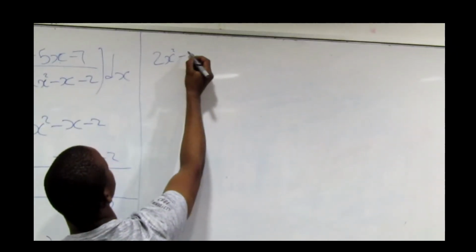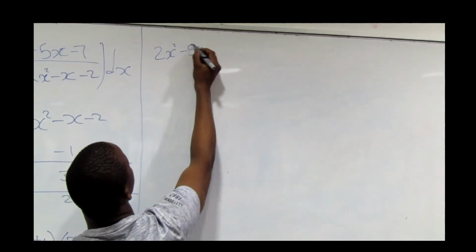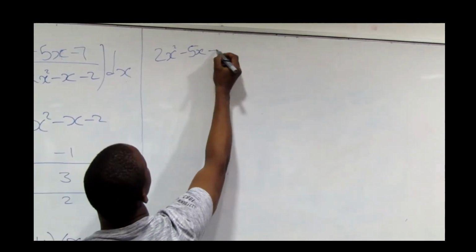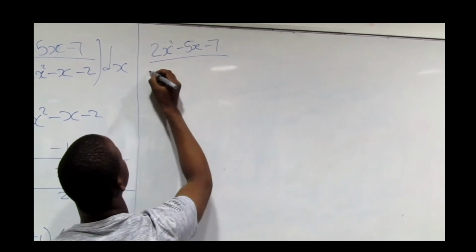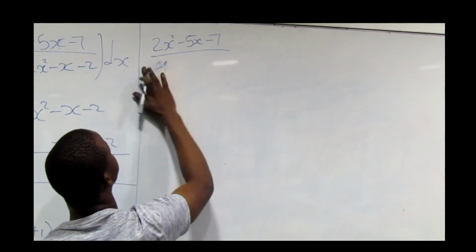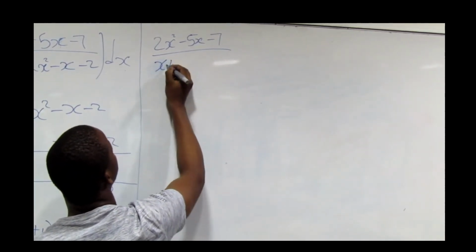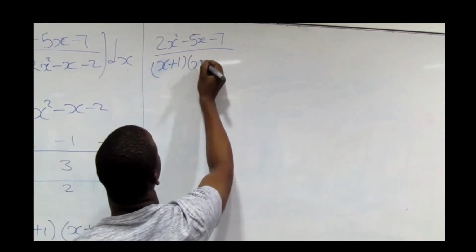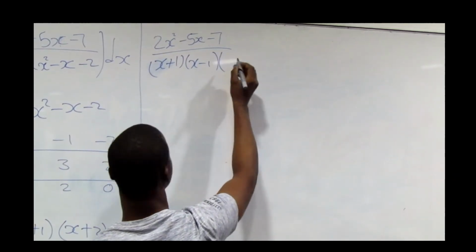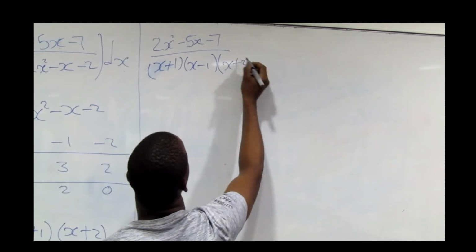When you are doing partial fractions, you take this function out, you leave out the integral and dx, which is 2x squared minus 5x minus 7 over x plus 1, x minus 1, x plus 2.